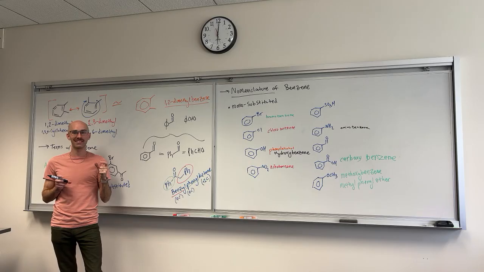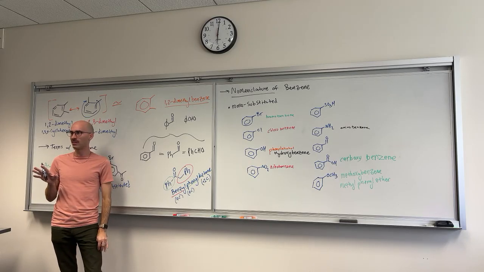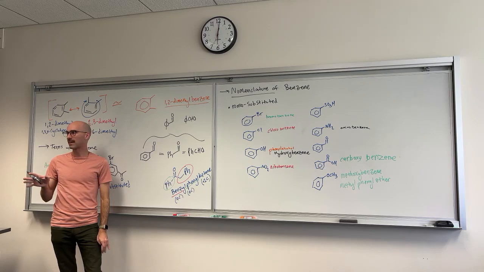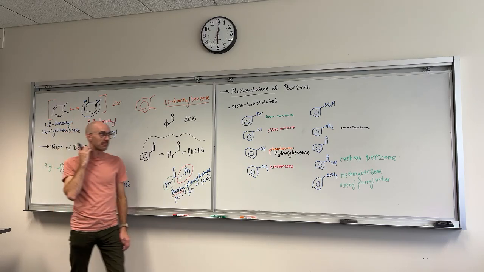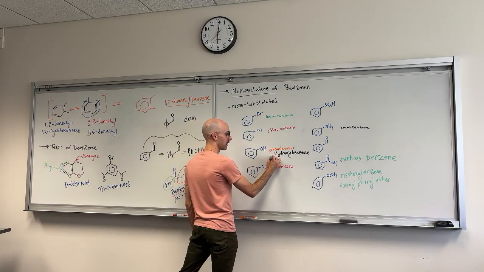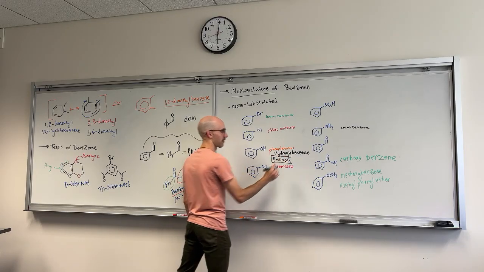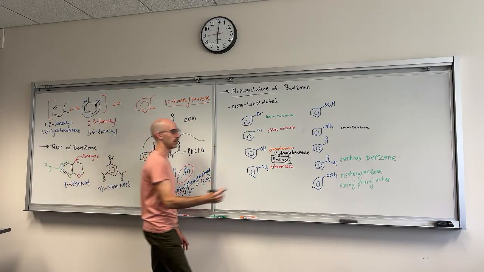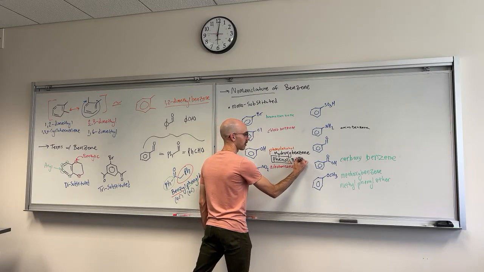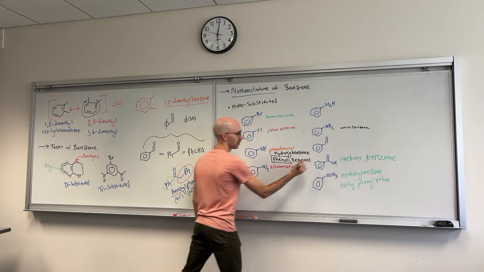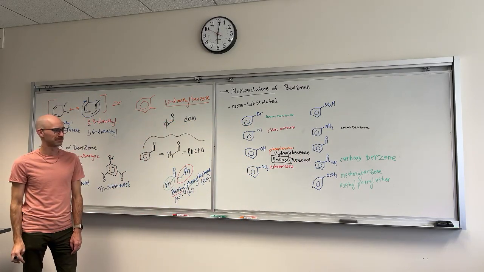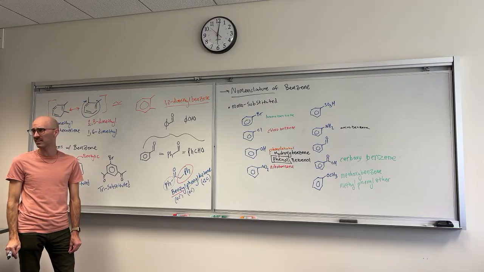Okay, this is terrible. It can be called benzenol. I don't like that name. What is most common is actually the common name phenol. But technically you can call it benzenol. It looks wrong, doesn't it?